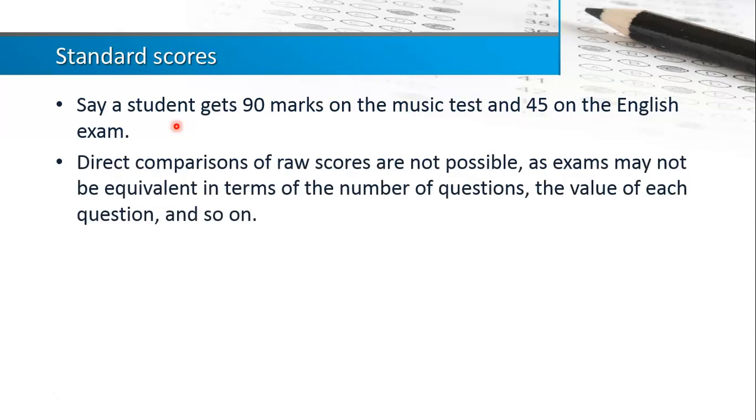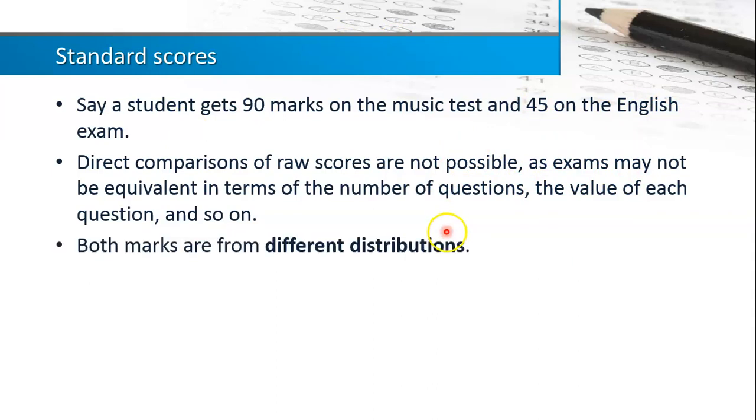If you want to compare this directly, we cannot say for certain how the student is actually performing in comparison between the music test and English exam, because both of these tests are not of the same nature and not from the same distribution. So you cannot directly compare the values 45 and 90.